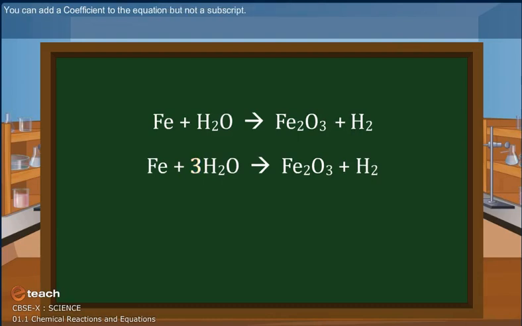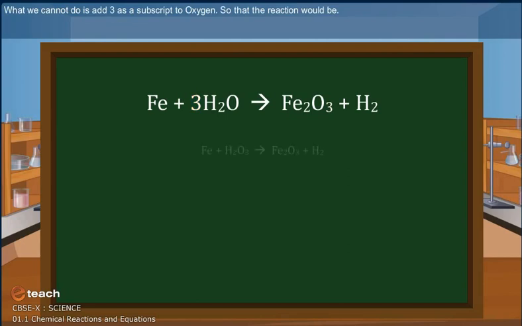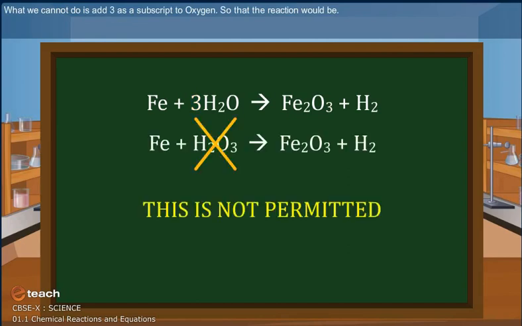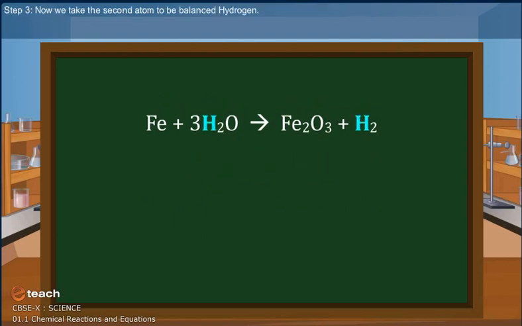Remember, you can add a coefficient to the equation but not a subscript. Here, 3 is a coefficient. What we cannot do is add 3 as a subscript to oxygen. So that would be step 3. Now, we take the second atom to be balanced, that is hydrogen.